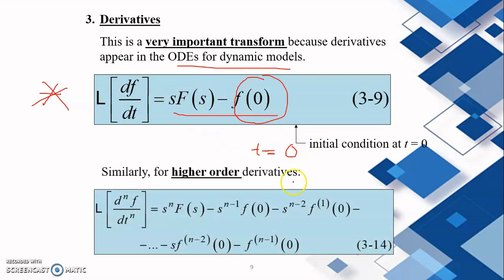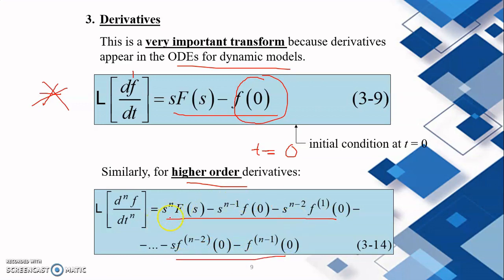Similarly, for higher order derivatives, like d squared or d to the power of 3, this one is the first derivative, only one, so we have df over dt. If we have higher order, like d squared f over dt squared, we can expand the equation into this expression.